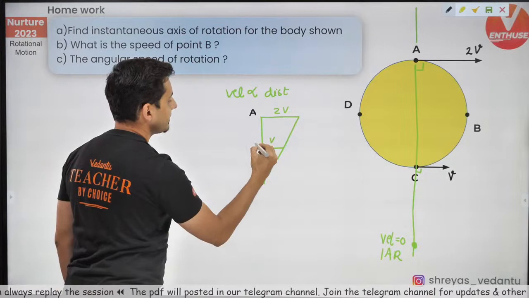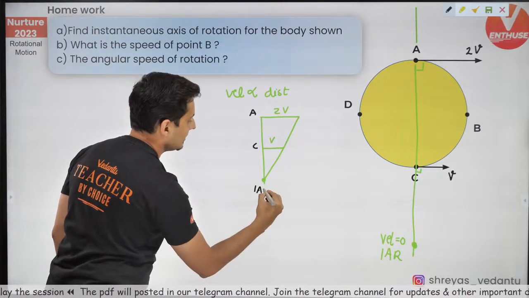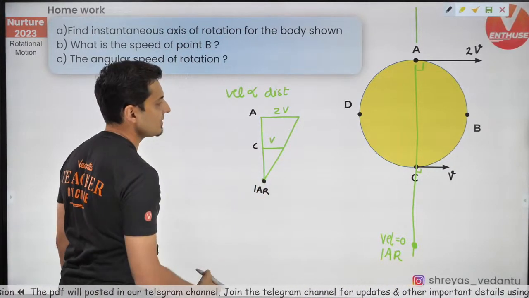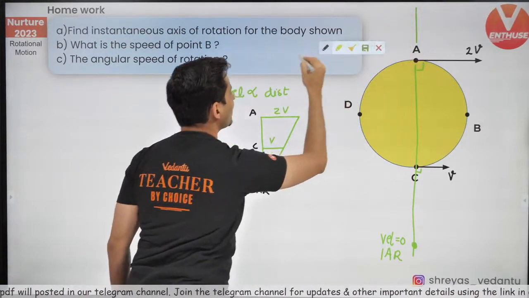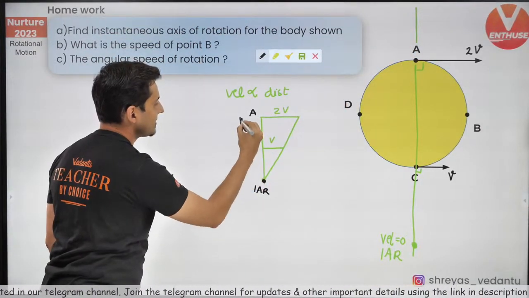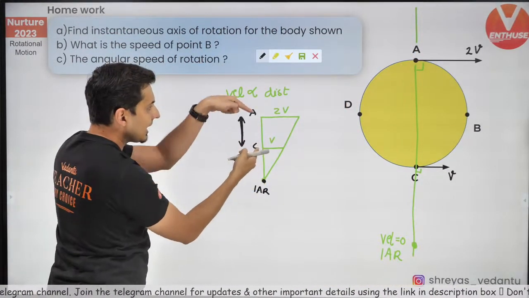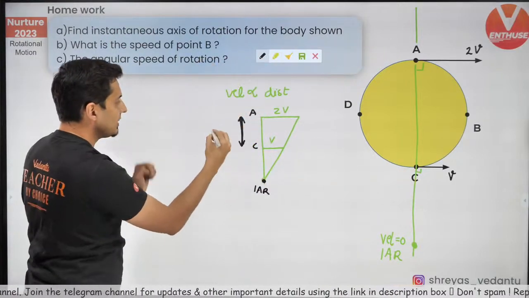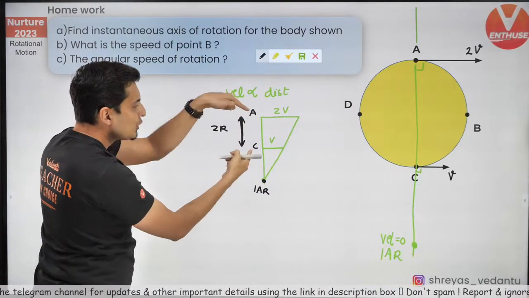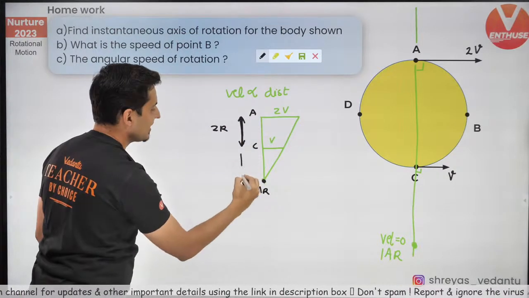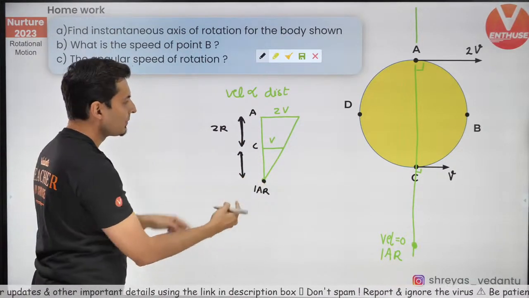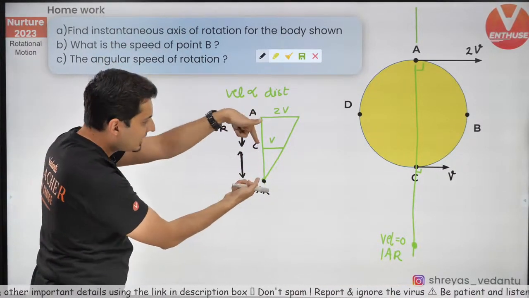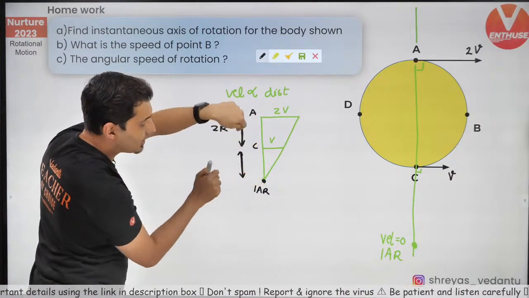This is A, this is C, this is the instantaneous axis of rotation where velocity is 0. How much is this distance? This distance, AC, is the diameter, which is nothing but 2r. So if AC is 2r, how much should the distance from C to this point be?